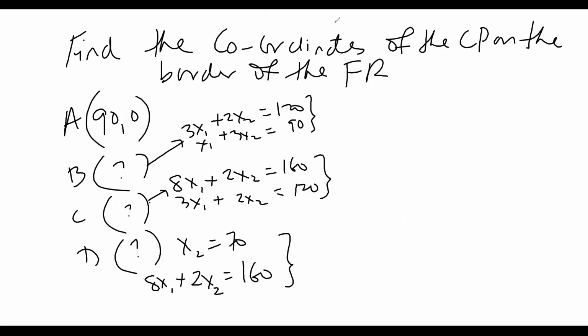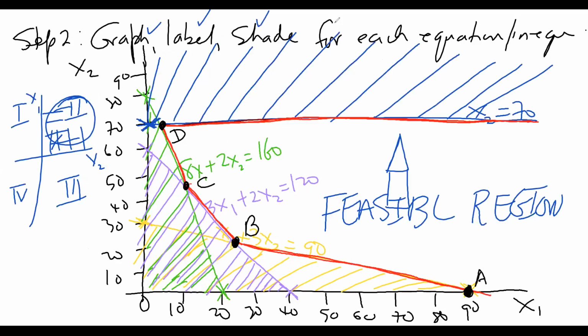So corner points B, C, and D have to be solved for. We cannot guess what they are. No guessing is allowed. Why? It is a coordinate response you need to give.